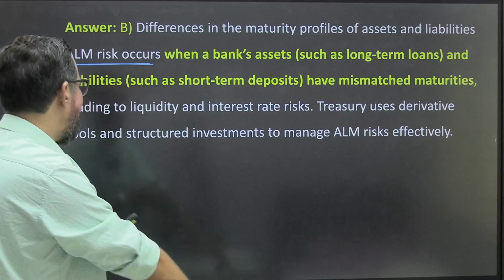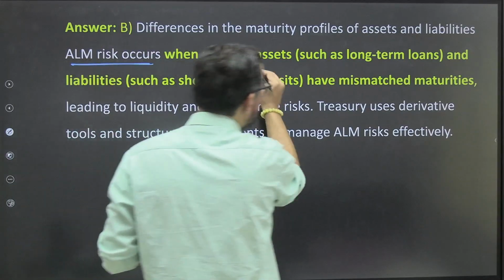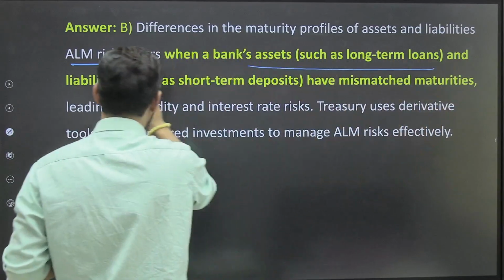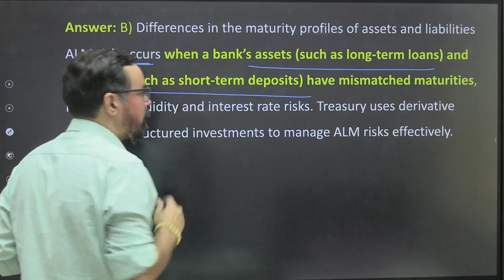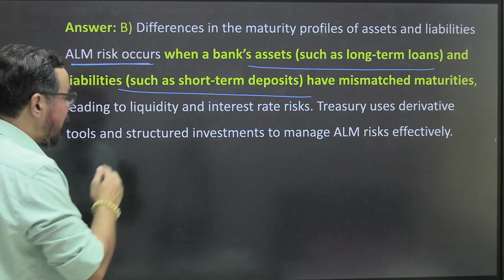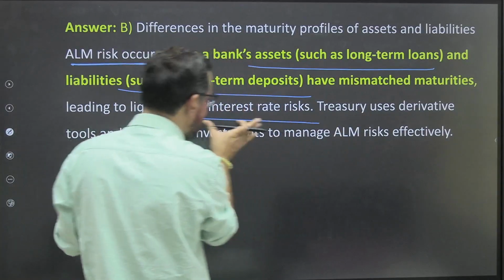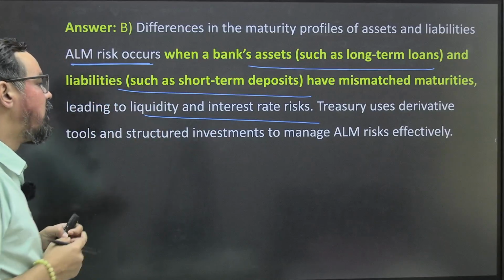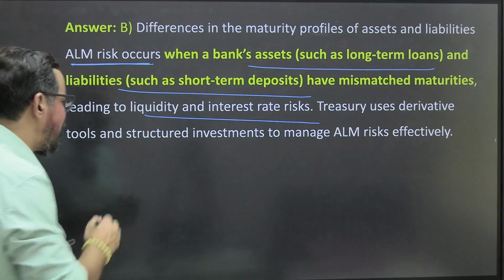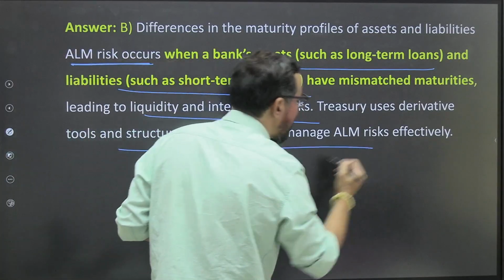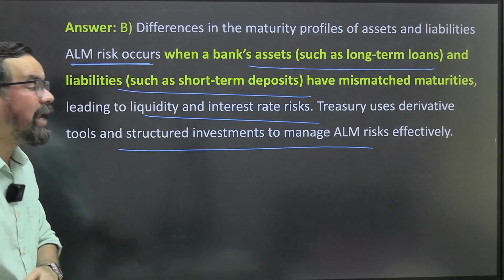So ALM risk occurs when bank assets such as long-term loans and liabilities such as short-term deposits have mismatched maturities, leading to liquidity and interest rate risk. See, it is clearly mentioned here: Treasury uses derivative tools and structured investments to manage ALM risk effectively.